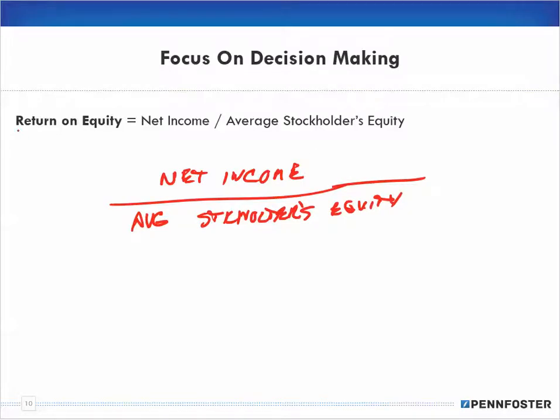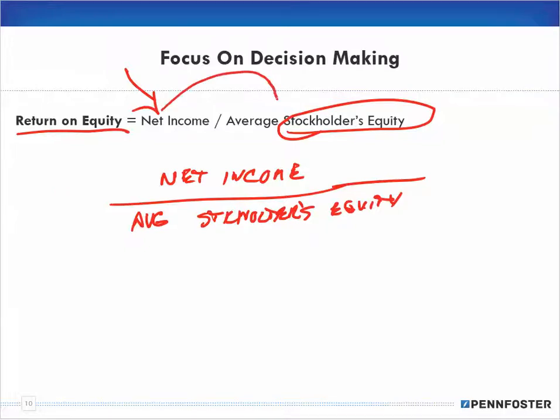Remember what we're talking about here is the return on your equity, the return on your investment. Well, if I have stockholders' equity, that is my investment in the business. When I generate income, that is the return that I'm getting on that investment in the business. And that's why we're dividing our net income by our stockholders' equity.